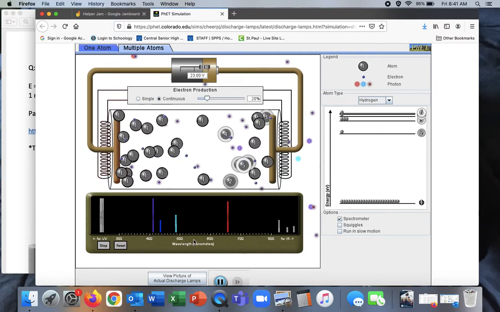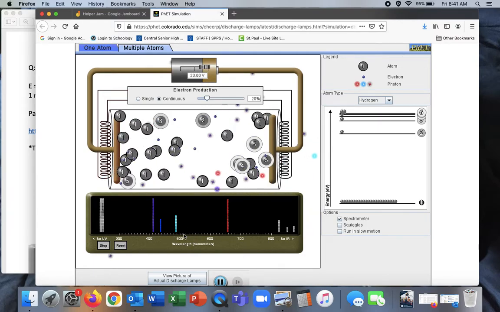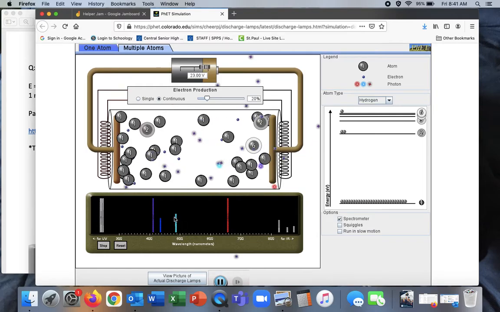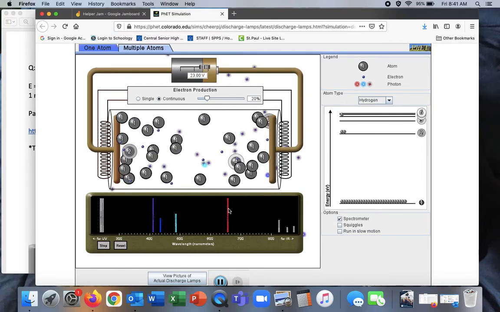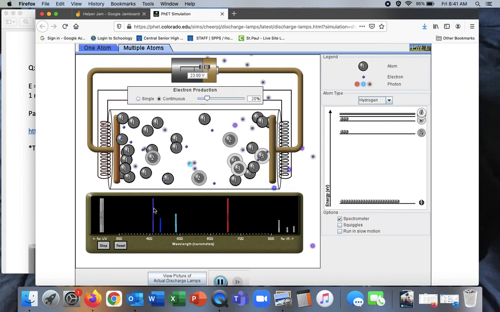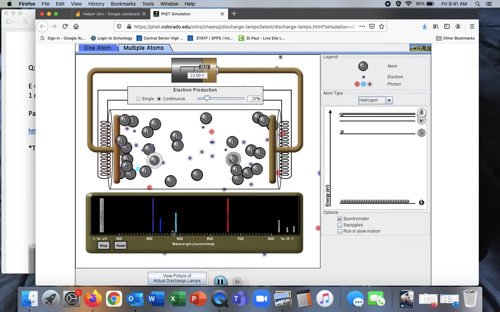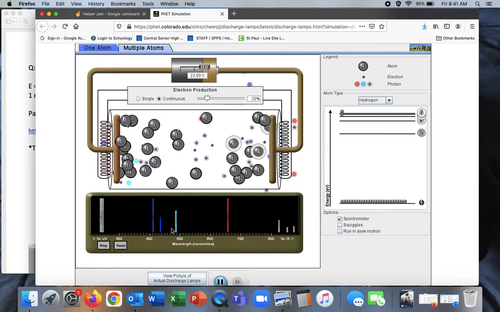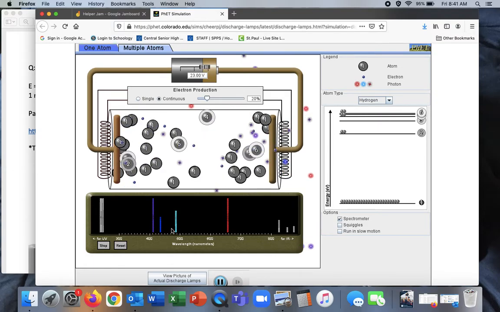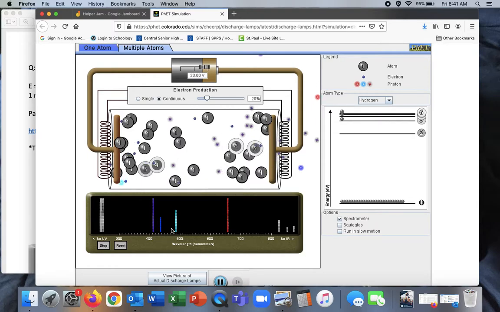But what we're using in this computer simulation is sort of like a scatter graph where we get the red, we get more red, and then purple a little bit later with the blue-green and then blue. So these are less often occurring. But whatever, we still get the overall idea that the light is actually coming from the electrons.